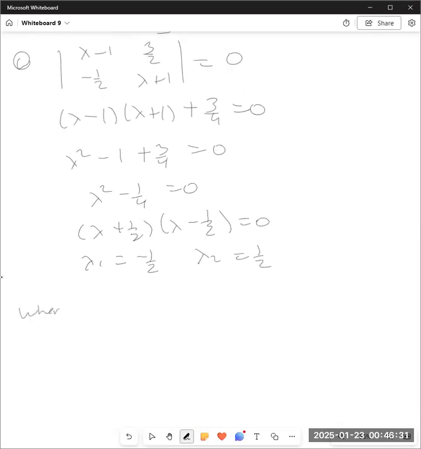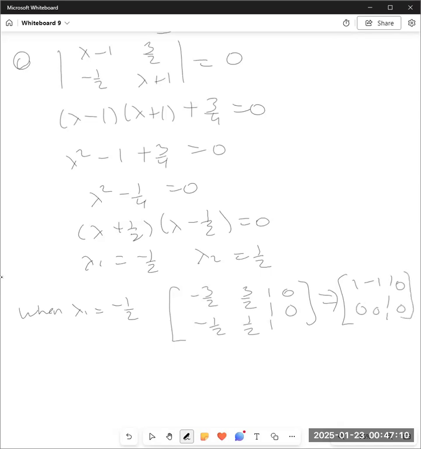When lambda 1 equals negative 1/2, then we have negative 3/2, 3/2, negative 1/2, 1/2, 0, 0, which is going to yield -1, -1, 0, 0, 0, 0, which makes x1 equal to x2.